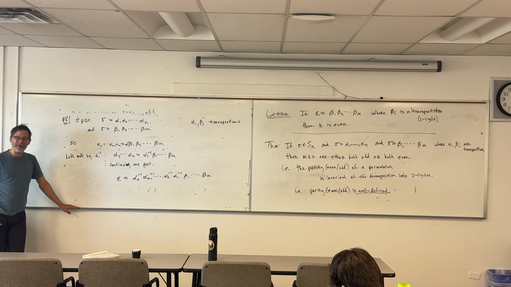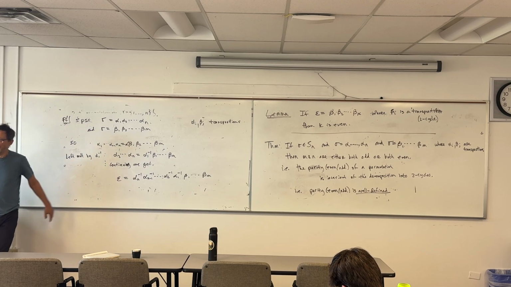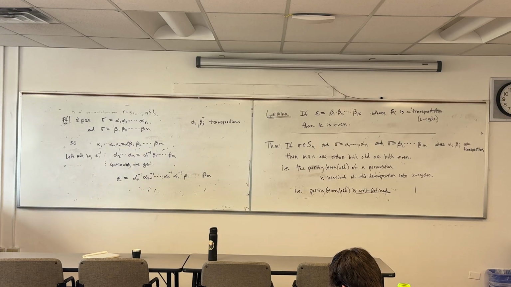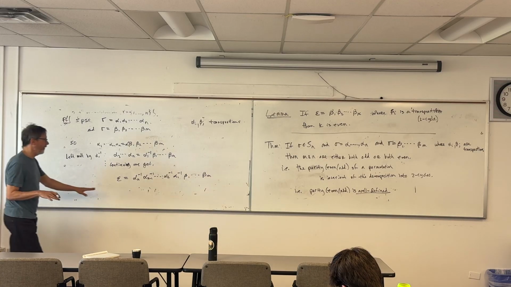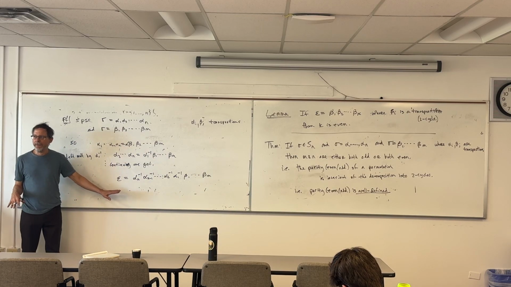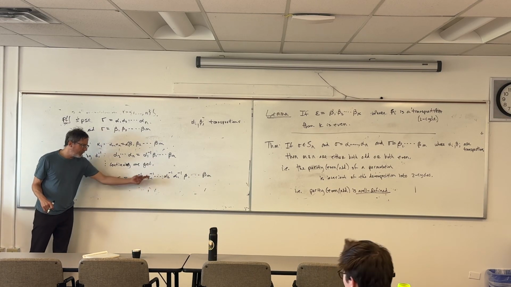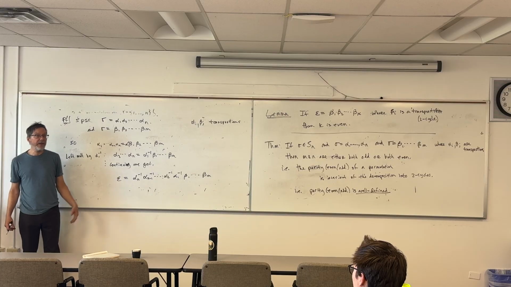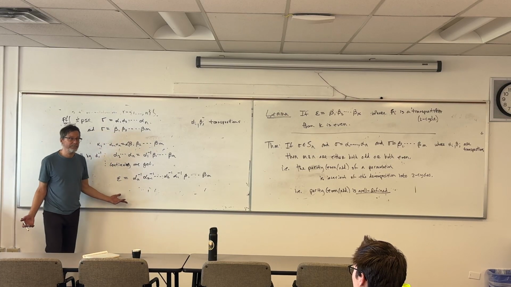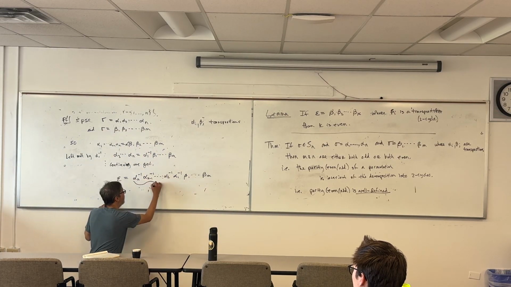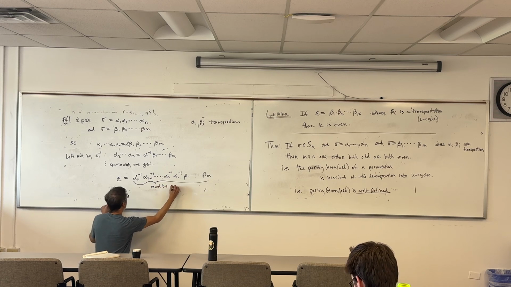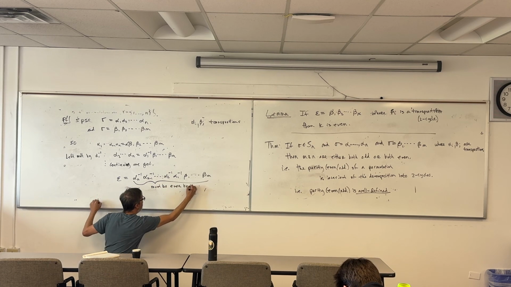Any other questions on this? What do I know about the number of things on the right? It's got to be even. So n plus m equals 2k for some integer k. Exactly. So this must be even because I've got epsilon here by the lemma.